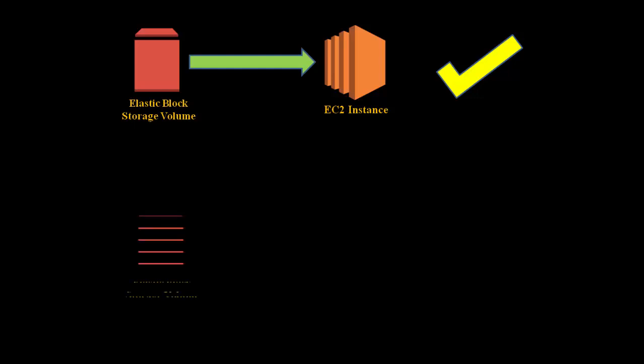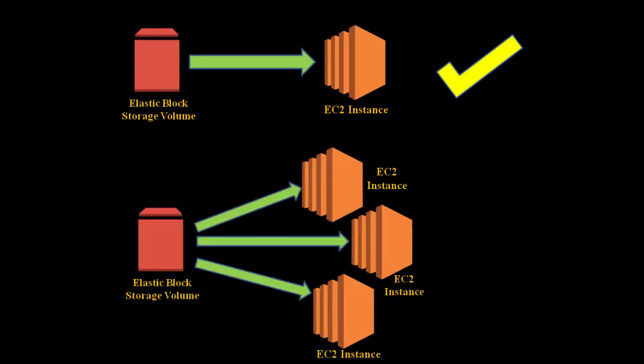This single volume can be attached to a single EC2 instance, and this is true. But multiple EC2 instances cannot share this single volume. This is false. So simply, a single elastic block storage volume can be attached to a single EC2 instance only.